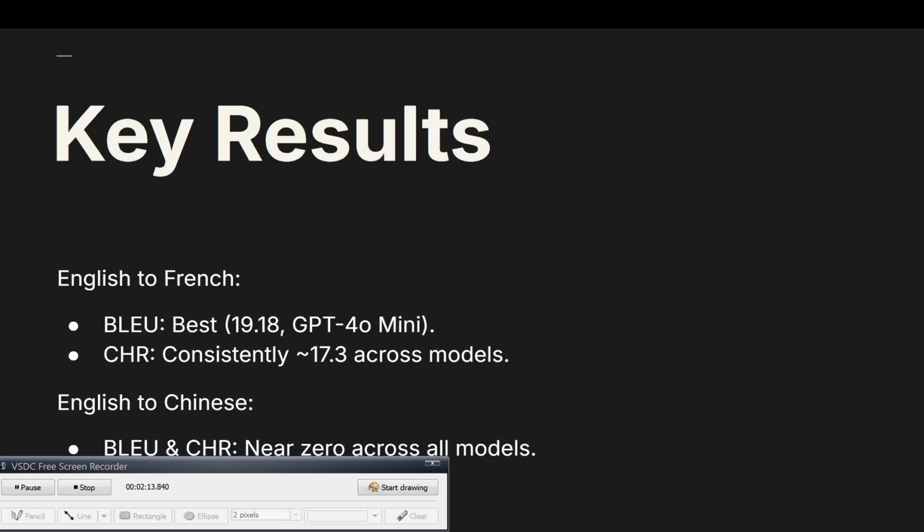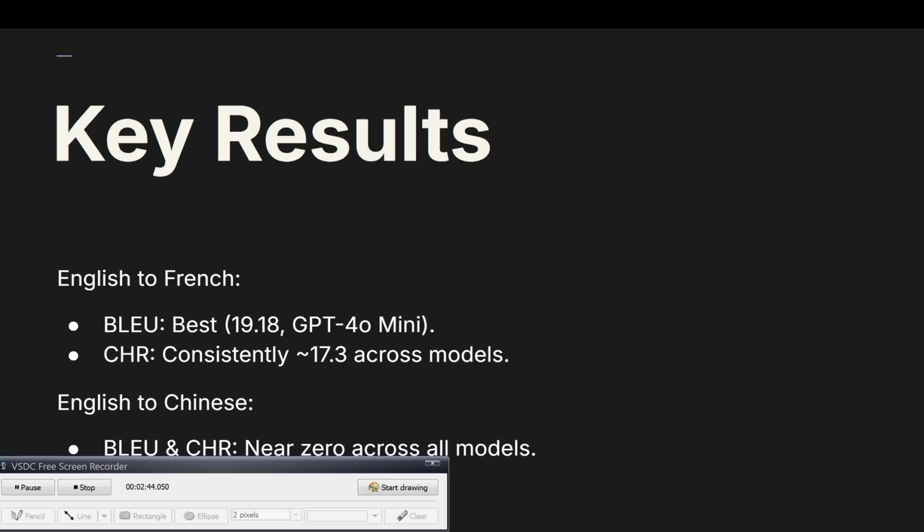So the best BLEU score was GPT 4.0 mini at 19.18, and the rest of the scores were around 17. BLEU score ranges from 0 to 100.